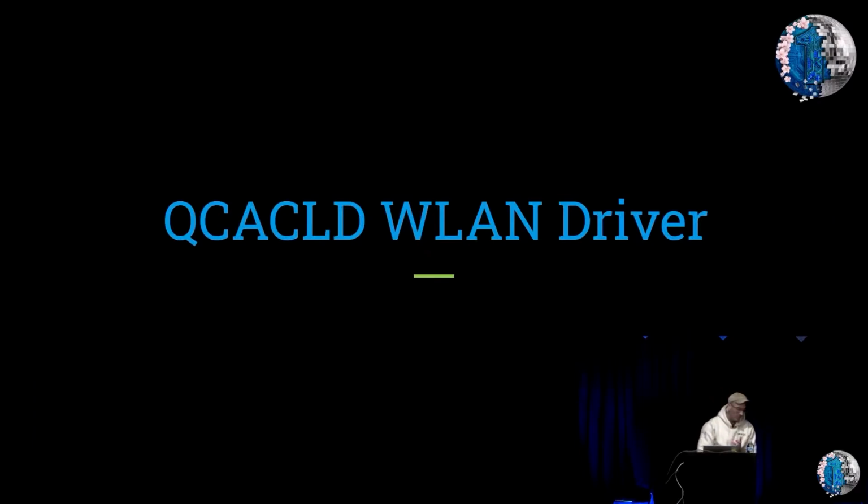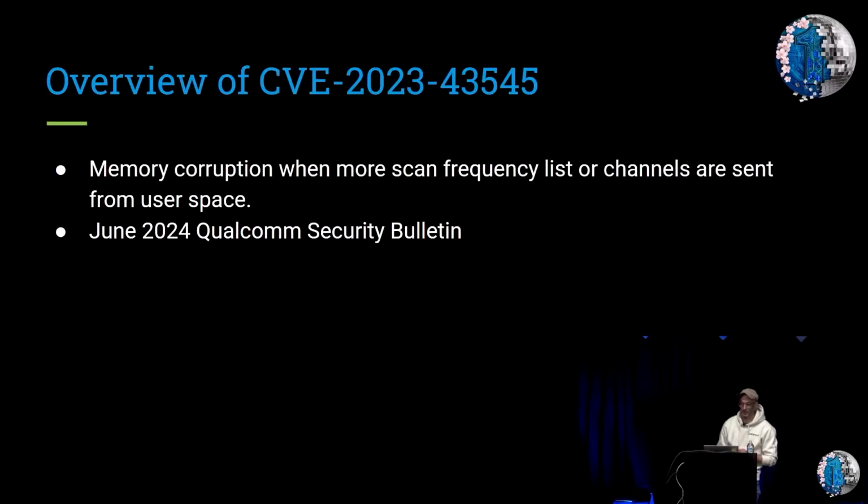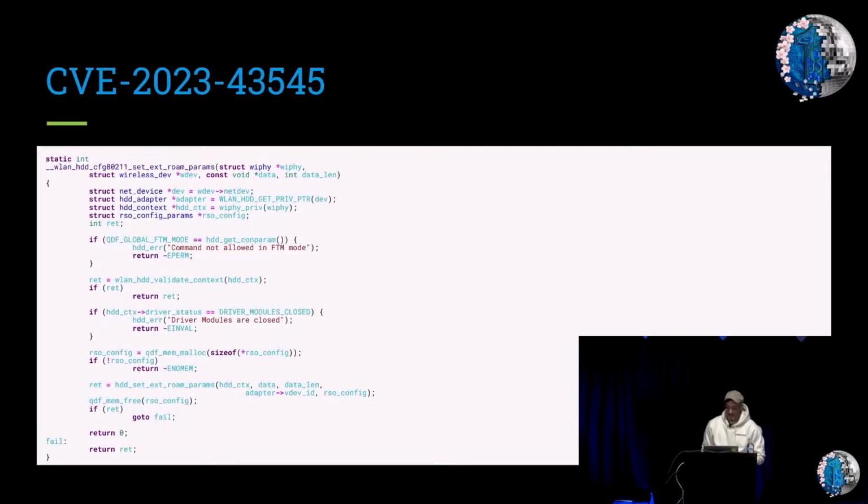So let's take a quick example of what this looks like in a real bug. This is a bug I reported long after I left Qualcomm. I had some free time and was like, let me see how things are going. So let's take a gander. This is the roam vendor subcommand.